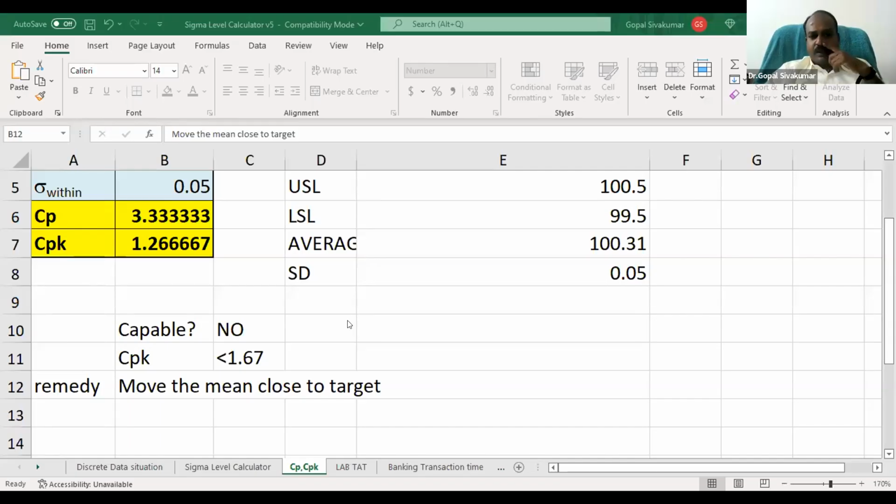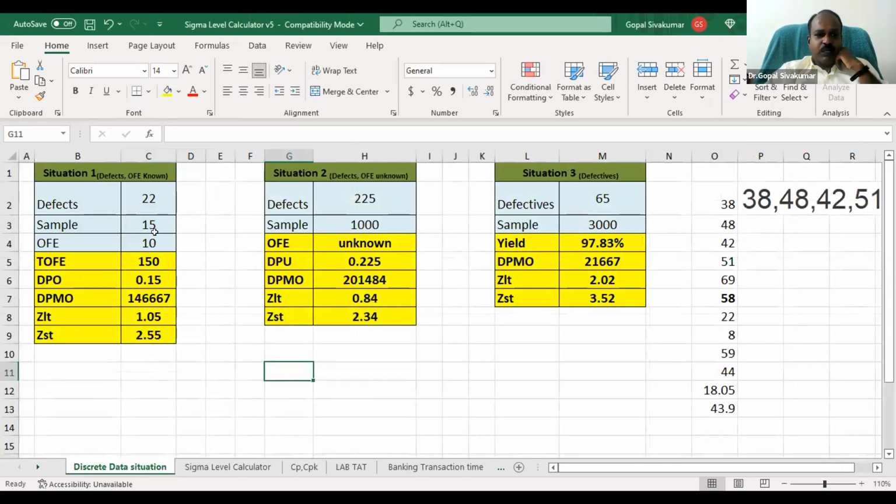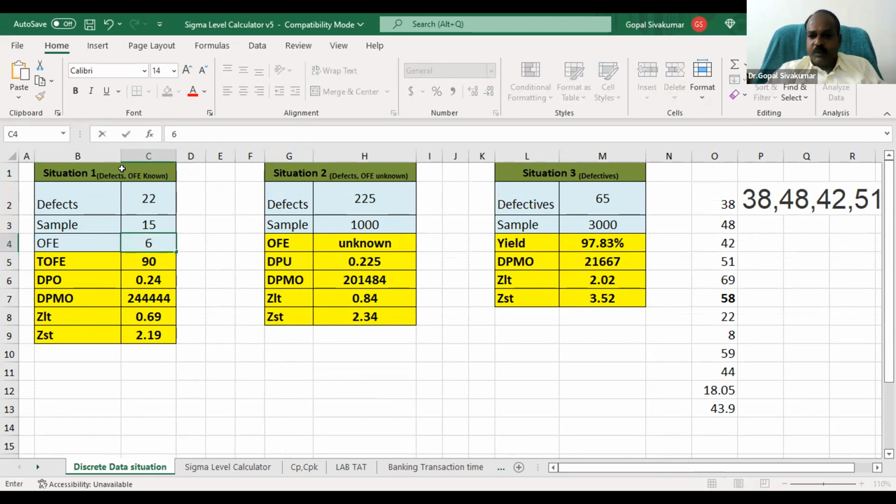Come here. Now go to the discrete data situation. Look here, situation 1: defects and opportunity for error known. So opportunity for error, I am typing 6. You all know why I am typing 6 here? Because in the laptop or desktop, we are checking 6 points.